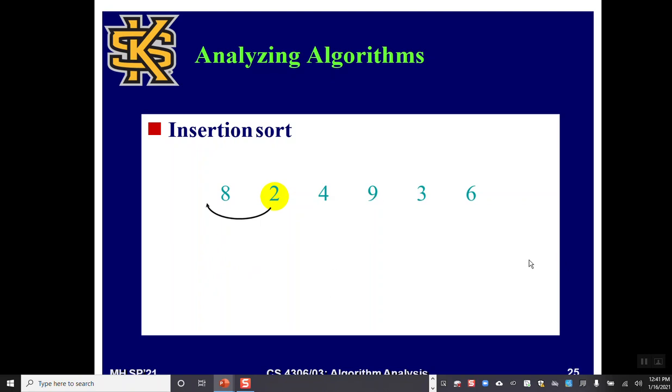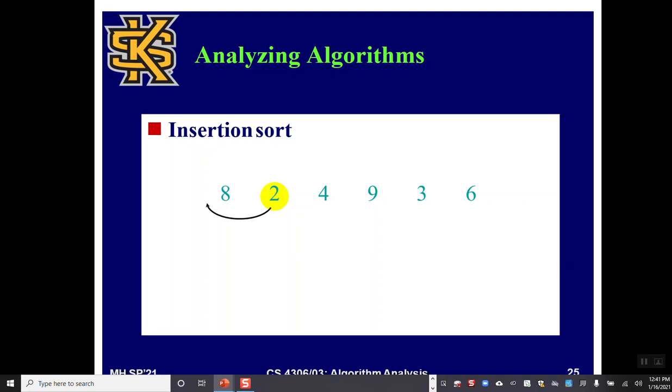Initially, if we have a small number of elements, then we can visualize this insertion sort algorithm very intuitively.